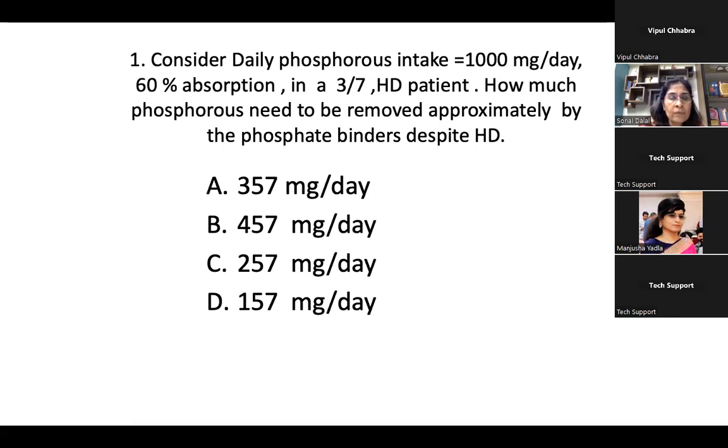Option A, 357 milligrams. Option B, 457 milligrams. Option C, 257 milligrams. And option D, 157 milligrams.